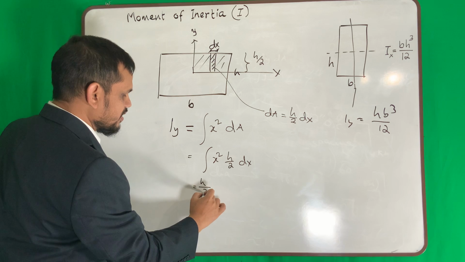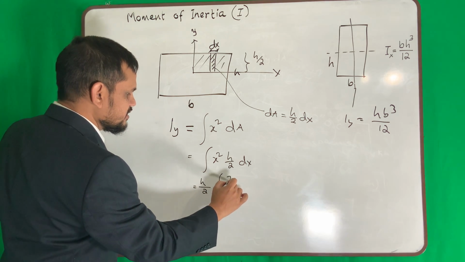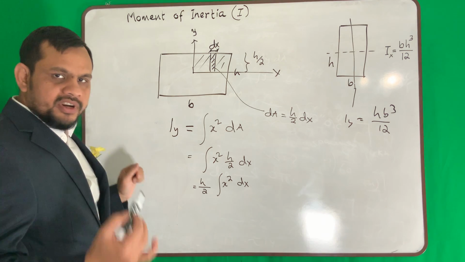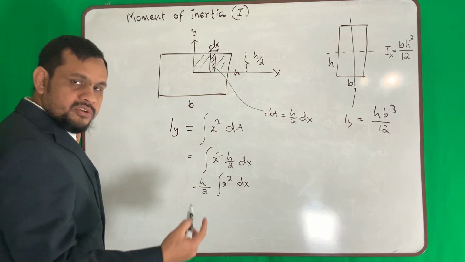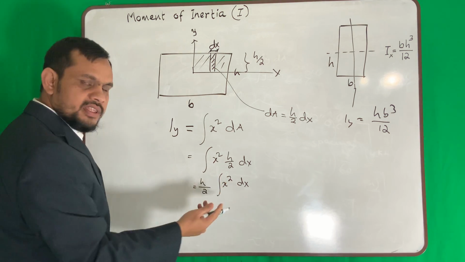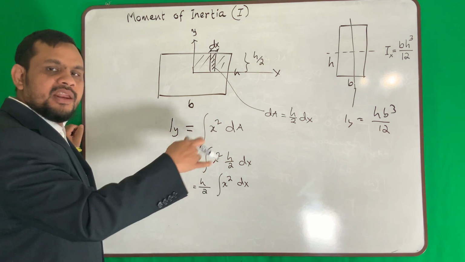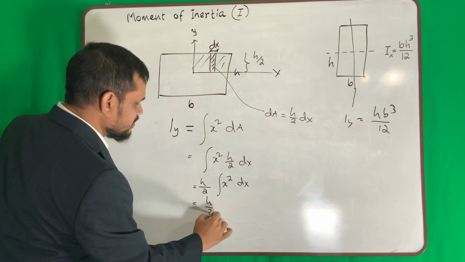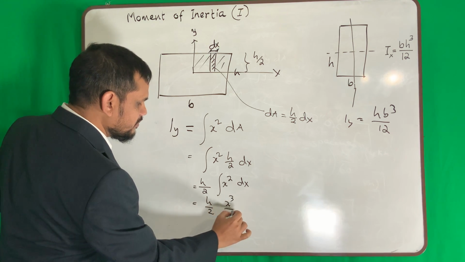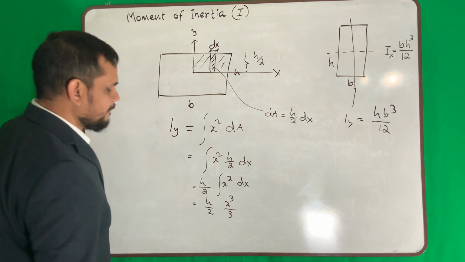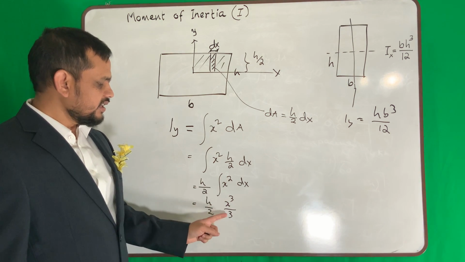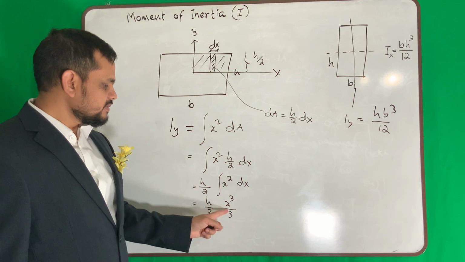Similarly, I can take 2 out. So x square dx. Now, for the integration rule, we know that if there is a power, the power increases by 1, and we divide by that increased power. So h by 2 times x cube divided by 3.